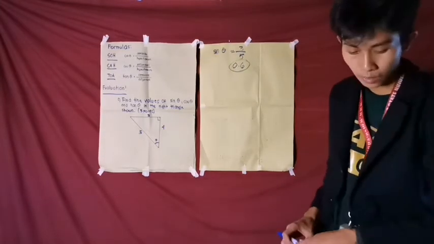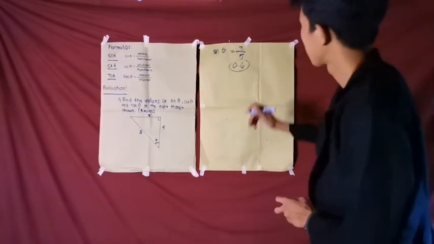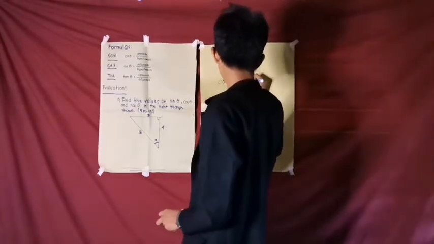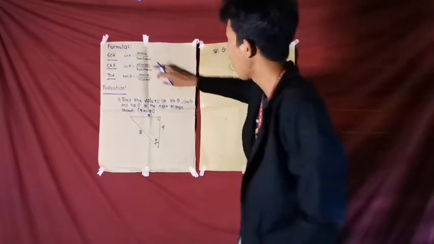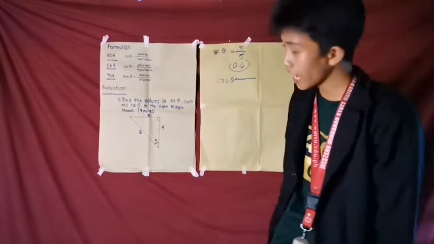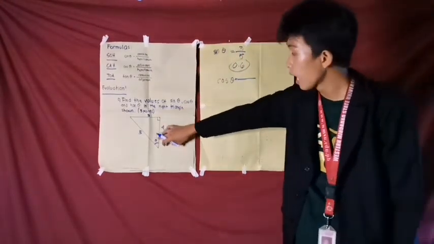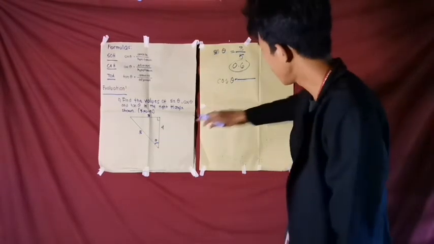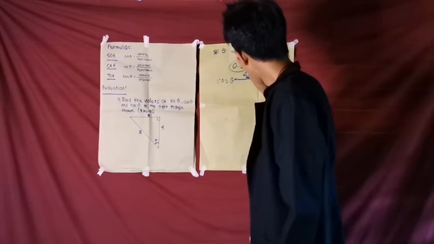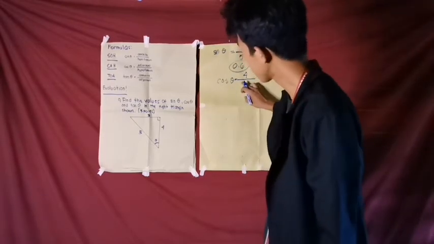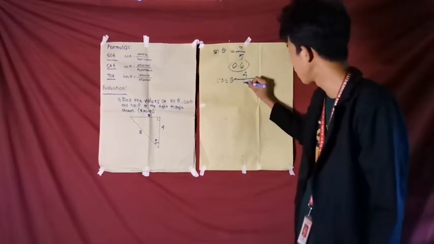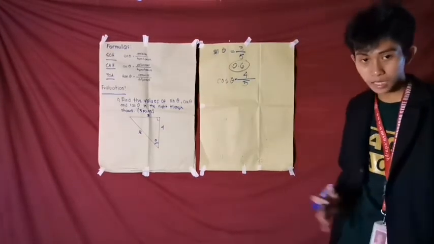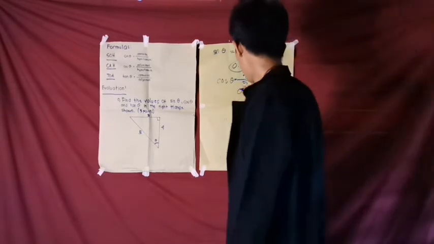Now, the cos. The formula of the cos is adjacent over the hypotenuse. The adjacent is right next to the hypotenuse, so adjacent is 4. Below is the hypotenuse, the long one, number 5. So, divide 4 by 5. The answer is 0.8.